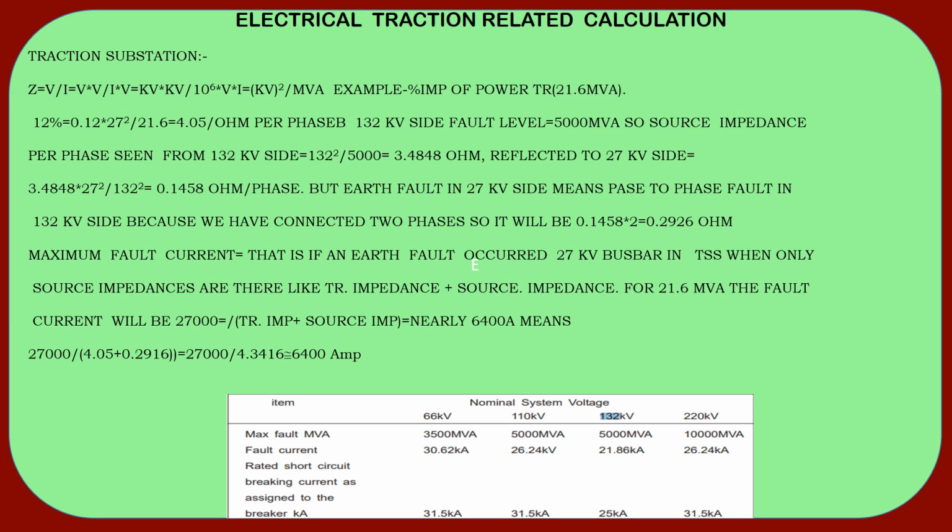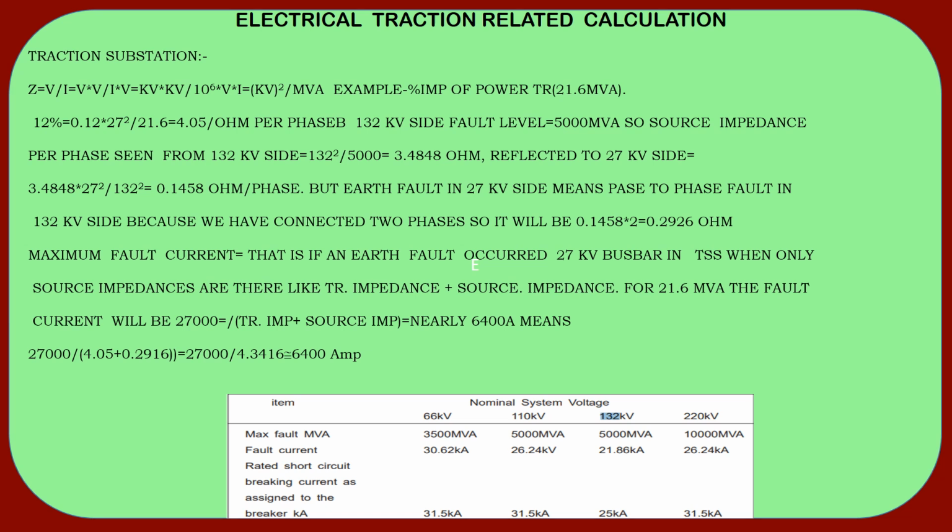So it is also kV square by MVA, which gives the source impedance on the 132 kV side. Convert it into the 27 kV side by multiplying by 27 square divided by 132 square. Then it is converted to the 27 kV side. It is near about 0.1458.